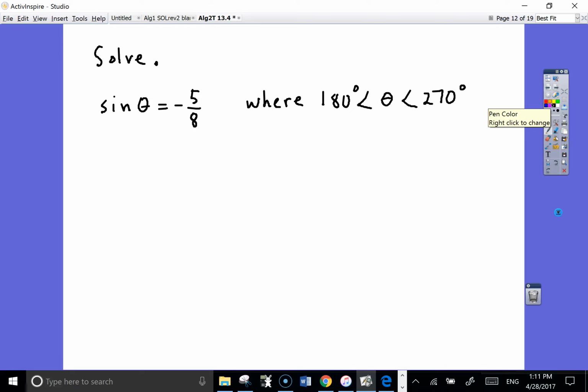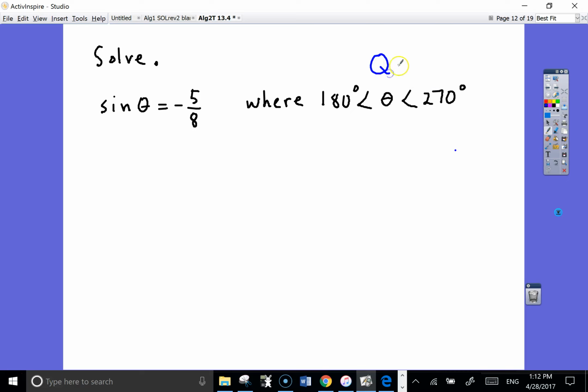So the sine of theta is negative 5/8. It says find the angle theta where the sine of theta is negative 5/8 and where theta is in between 180 and 270 degrees. What quadrant are we in if it's between 180 and 270? It should be the third quadrant, right? Q3.